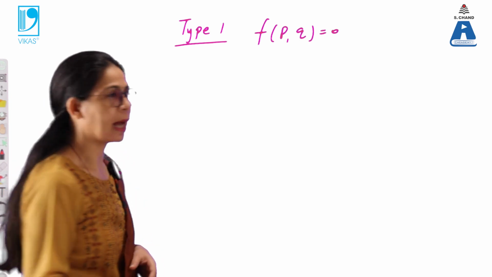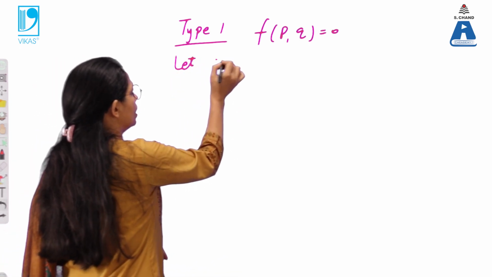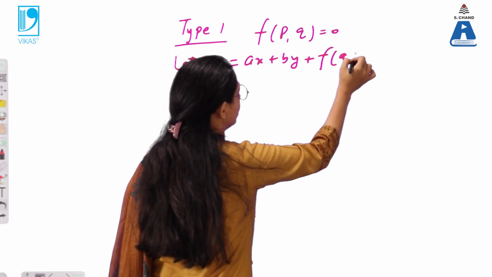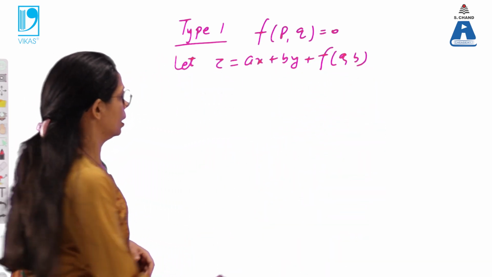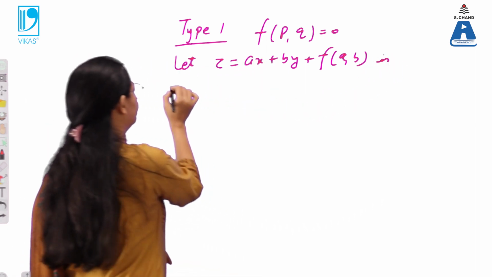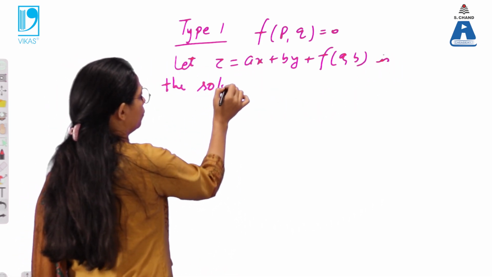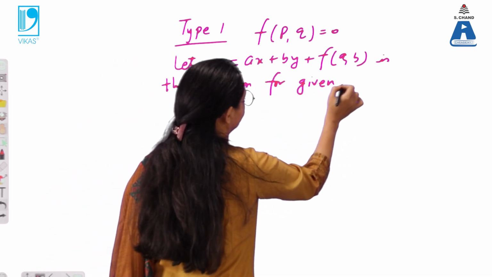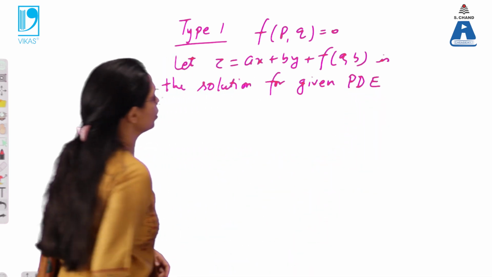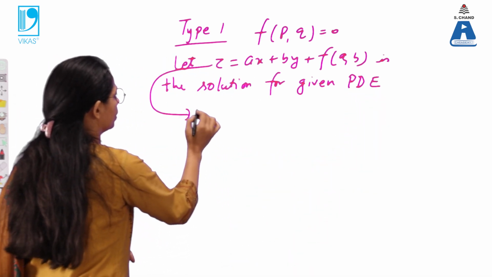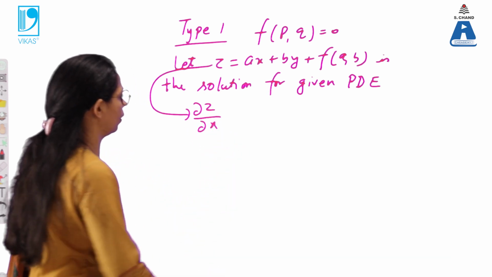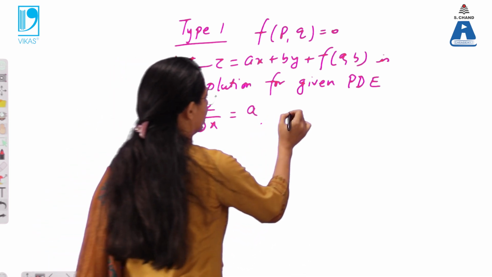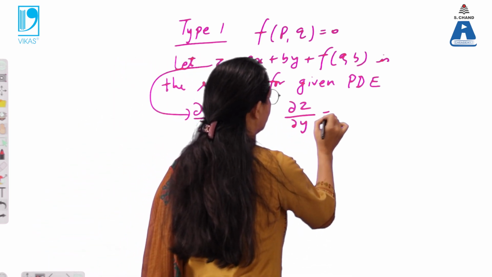In this one, we will assume that z equals ax plus by plus a function of a, b is the solution for the given PDE. If we find the derivative of this with respect to x and y, del z over del x will become a and del z over del y will become b.